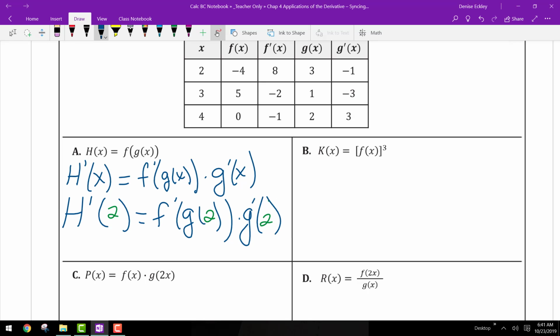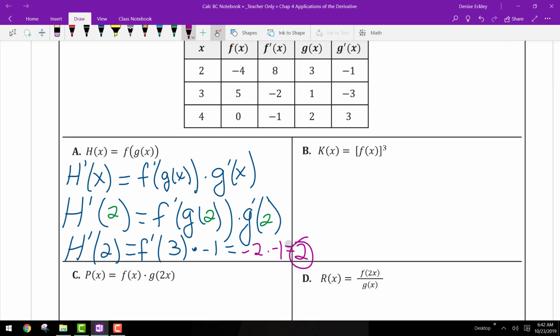And then we're going to substitute those in. So g of 2 is 3, so we're going to have to find f prime of 3. And then g prime of 2 is -1. So this is going to equal f prime of 3 is -2 times -1, so we get 2.